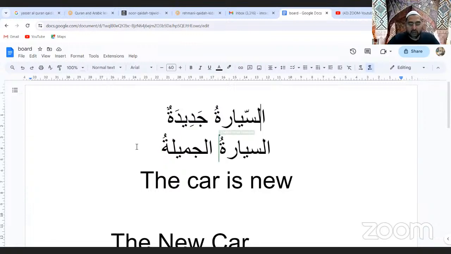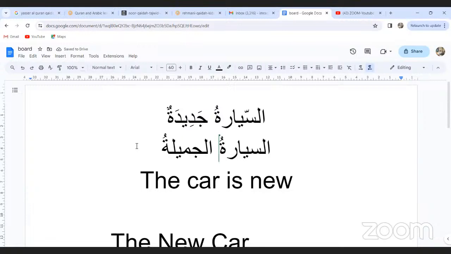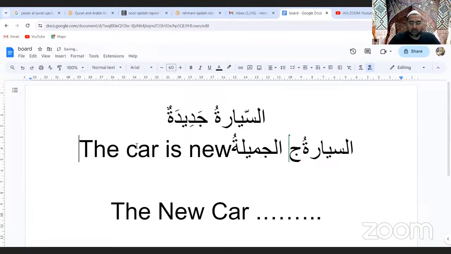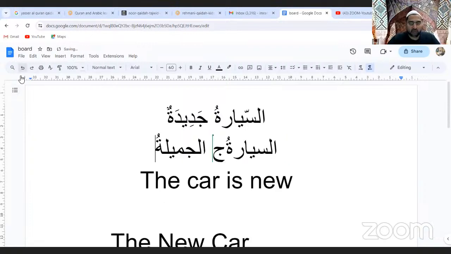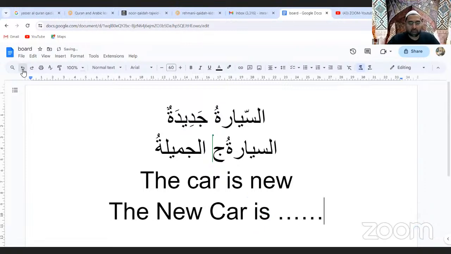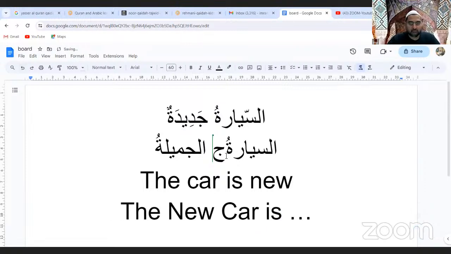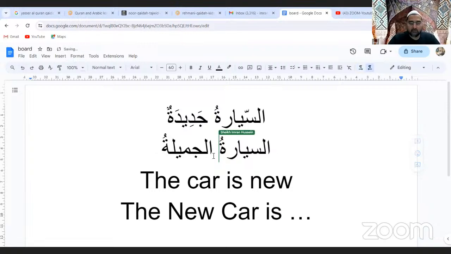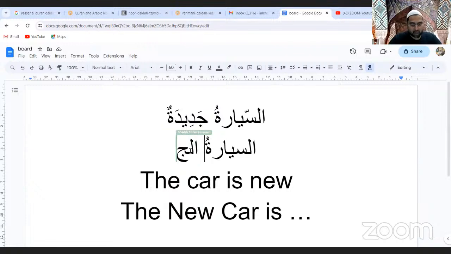Can you see this now? As-sayyaratu al-jamilatu. The car is beautiful. Sorry, my mistake. La hawla wa la quwwata.